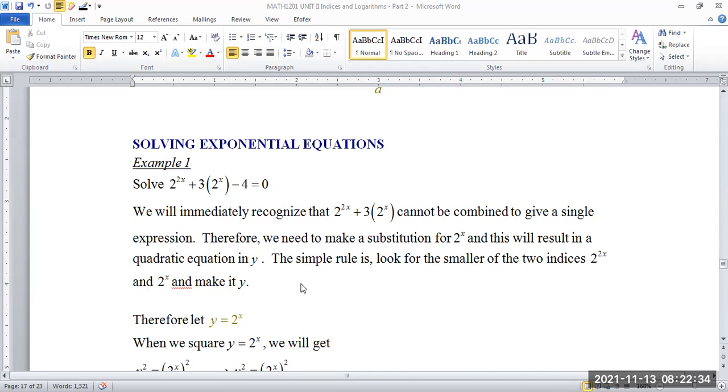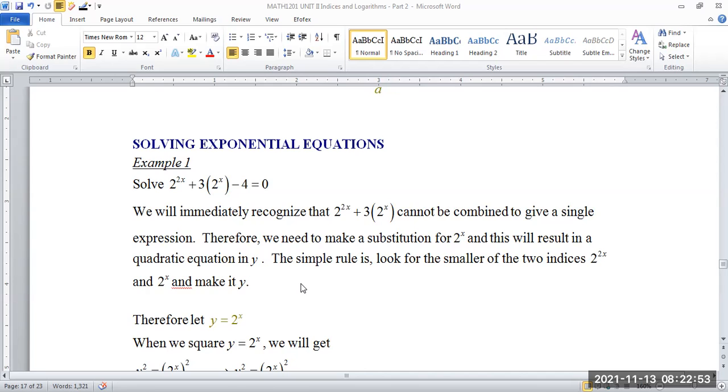Let us see what is happening. So I gave you the question: 2 to the 2x plus 3 times 2 to the x minus 4 is equal to 0. And we are asked to solve that equation.